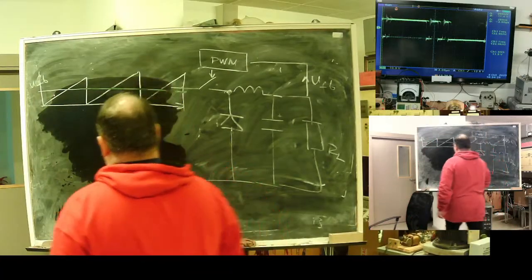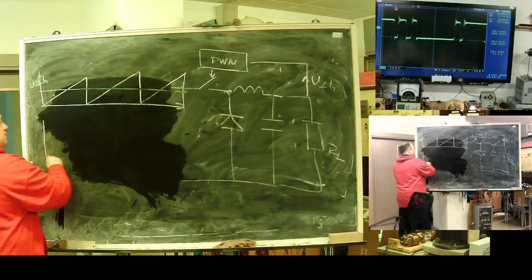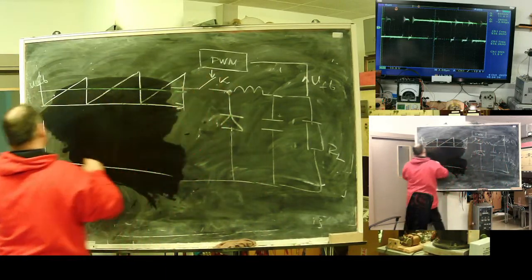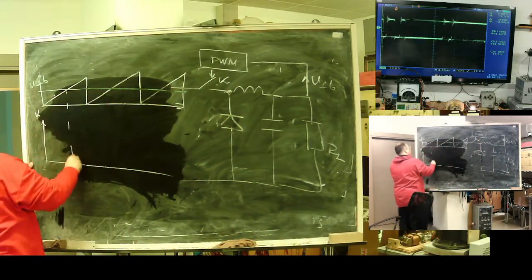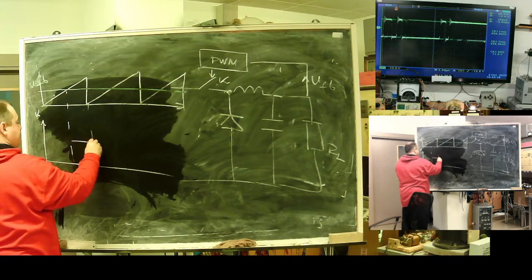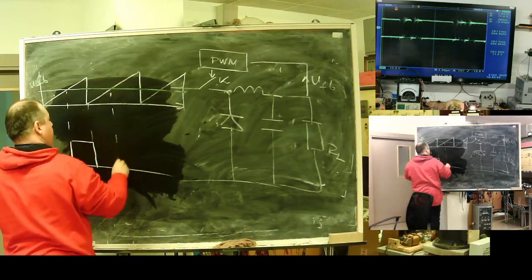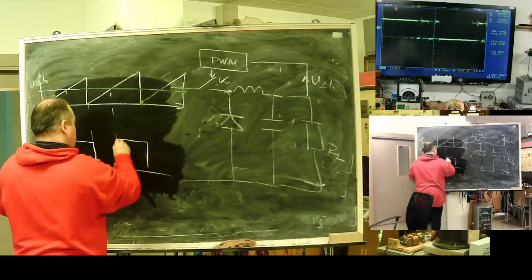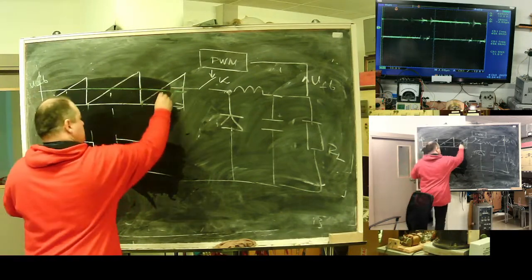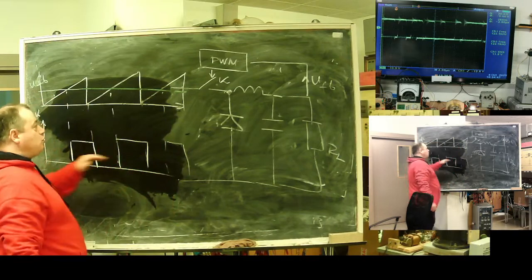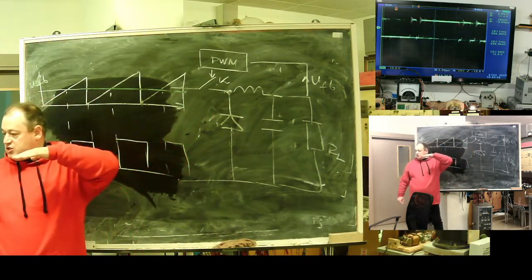The state of the switch will be 1, 0, 1, 0, and the coil will be energized and de-energized.